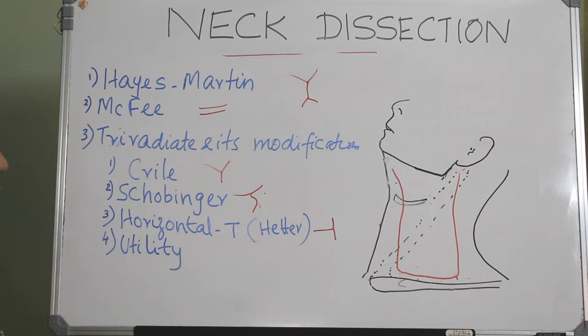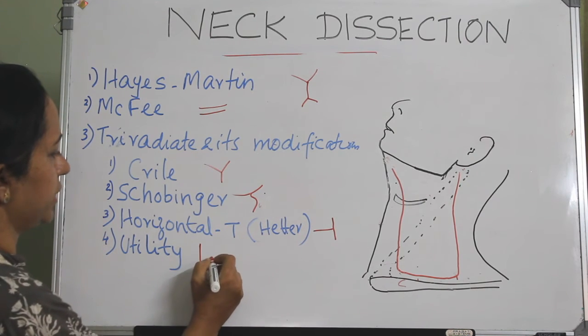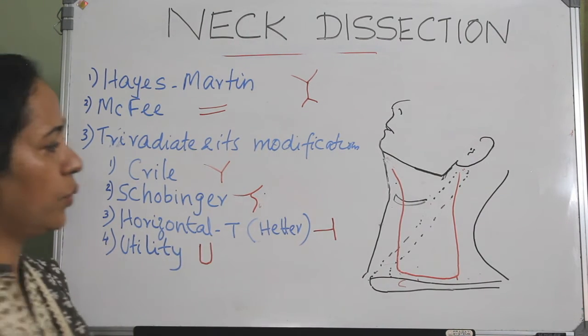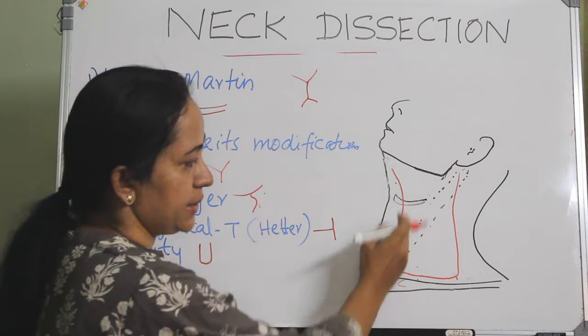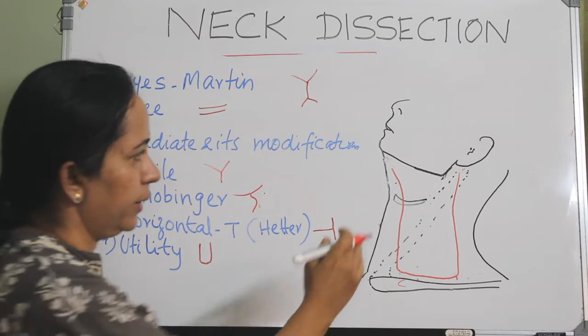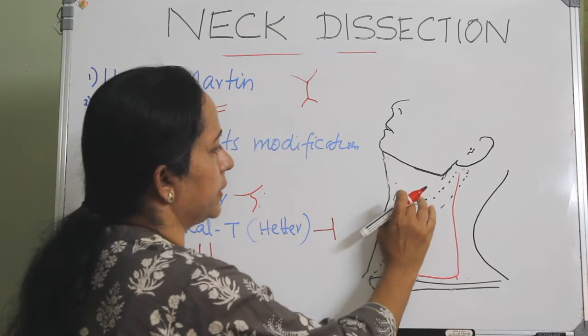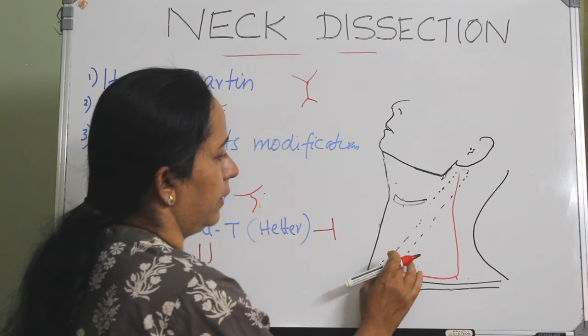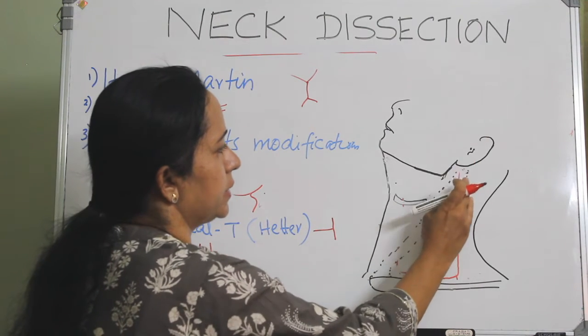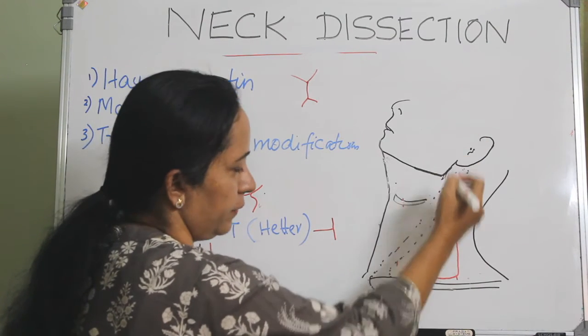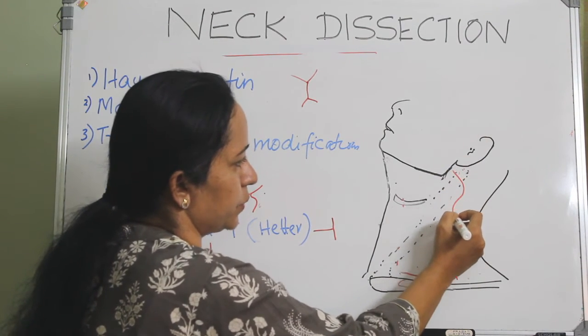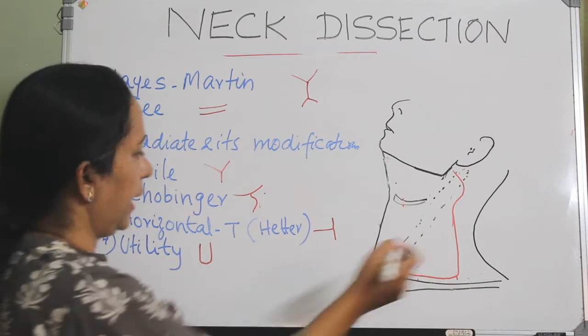So this utility incision is more of a U-shape. And if the upper extension is not there, it becomes a lateral utility. This is the lateral utility, and the vertical limb can be curved a bit also. Okay, so this becomes lateral utility.